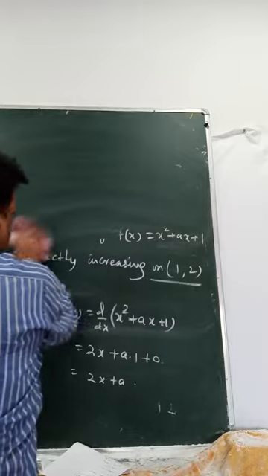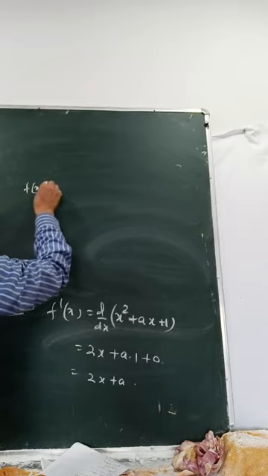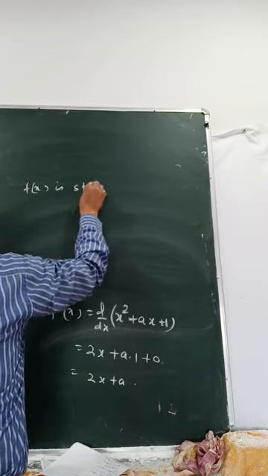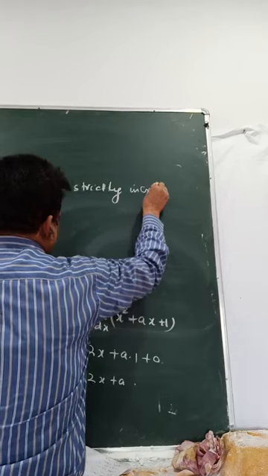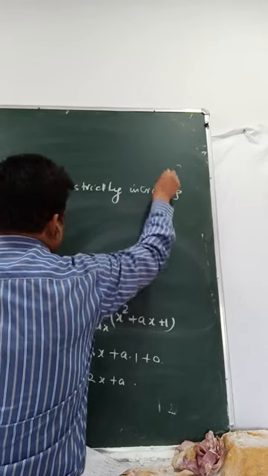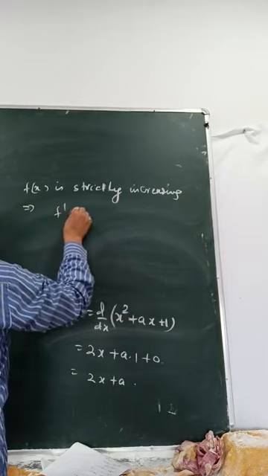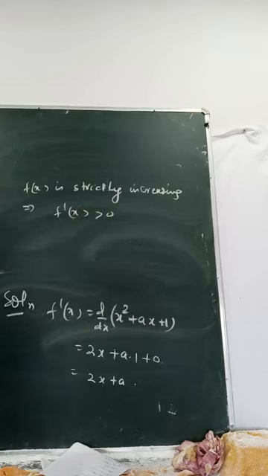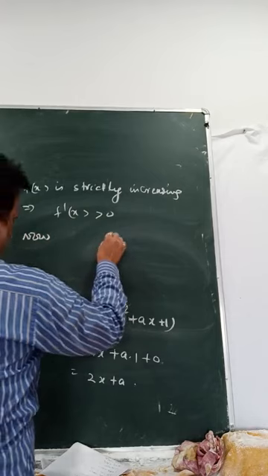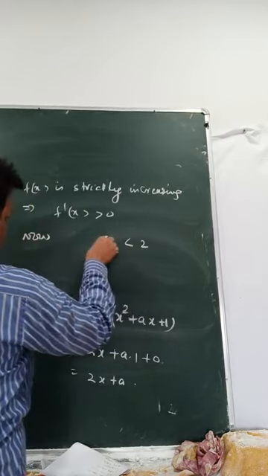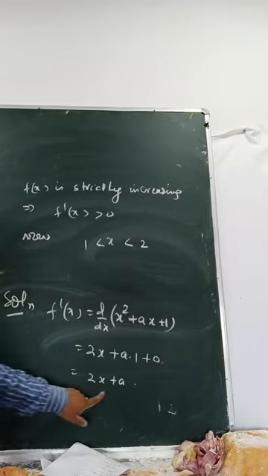Then f(x) is strictly increasing implies f dash x is greater than 0. Okay, back to your situation now. Now your x lies between 1 and 2. You have to create this f dash x here.